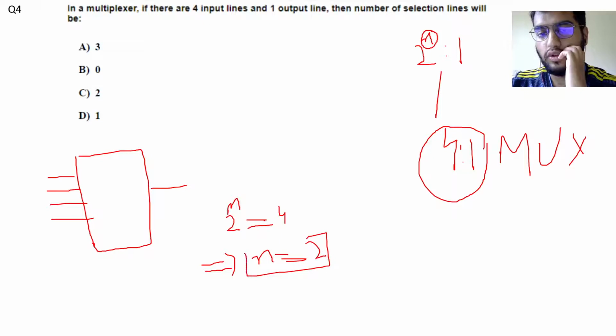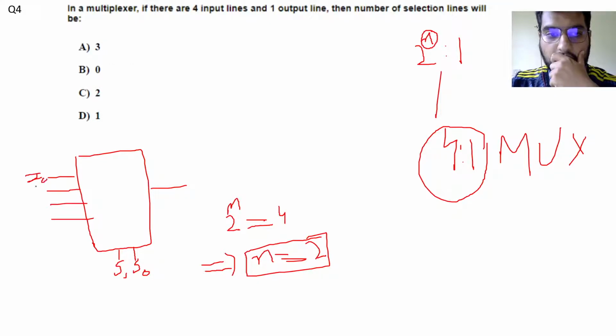So for a 4 is to 1 mux, the number of select lines we have is 2. That is S0, S1, and our 4 input lines are represented by I0, I1, I2, and I3. So for a 4 is to 1 mux, the number of select lines is 2. Option C.